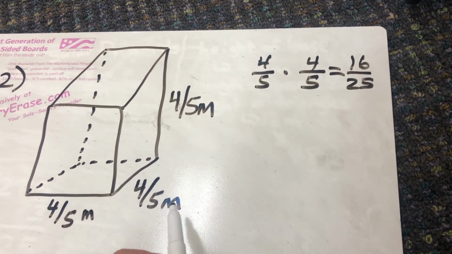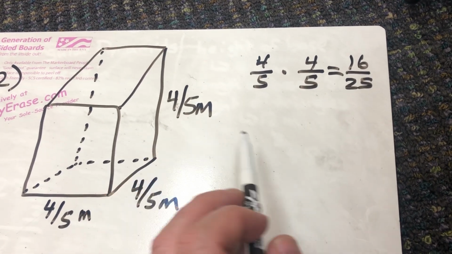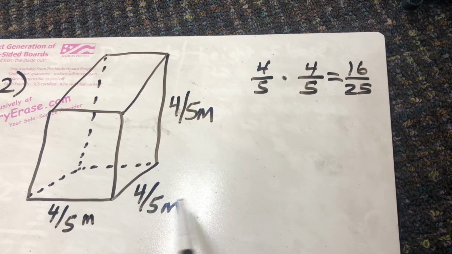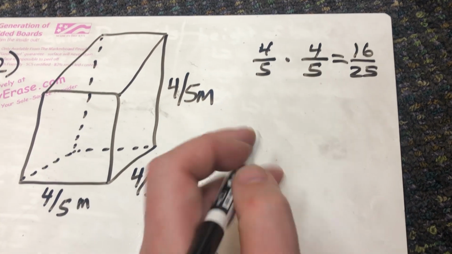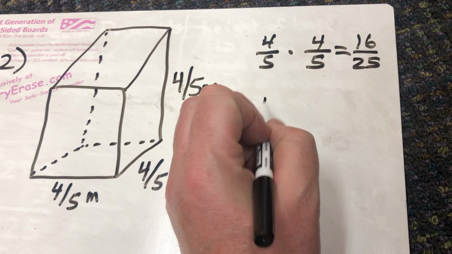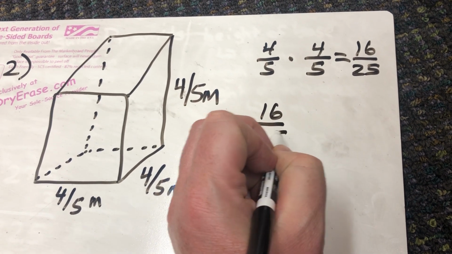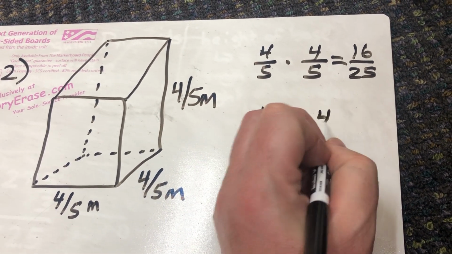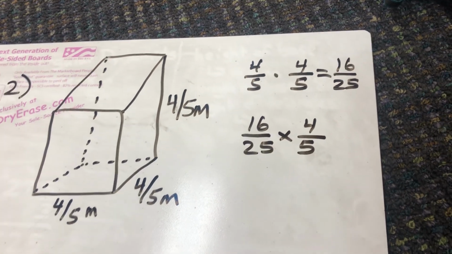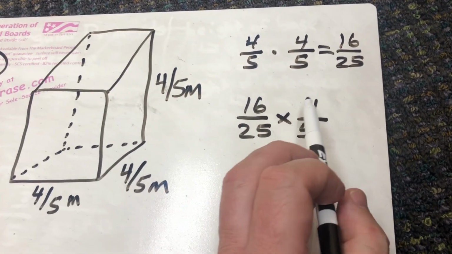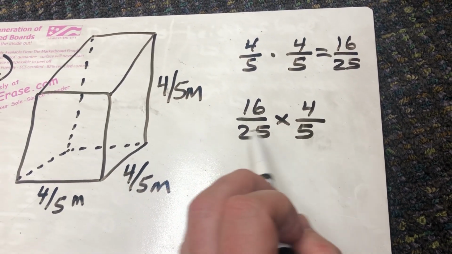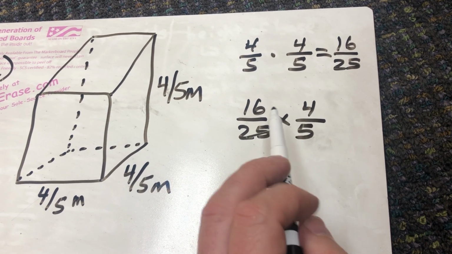But it's 4/5 times 4/5 times 4/5. So 4/5 times 4/5 got me 16 over 25. But now I need to take my 16 over 25 and multiply that by 4/5. I can't cross-check a 4 and a 25. Nothing can go into both of those except 1.